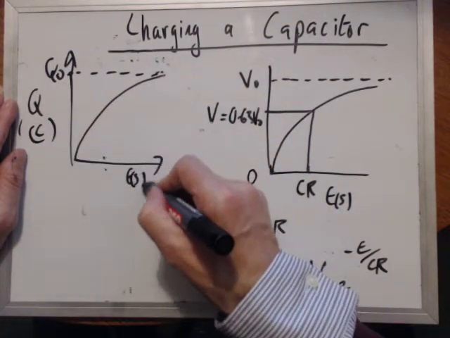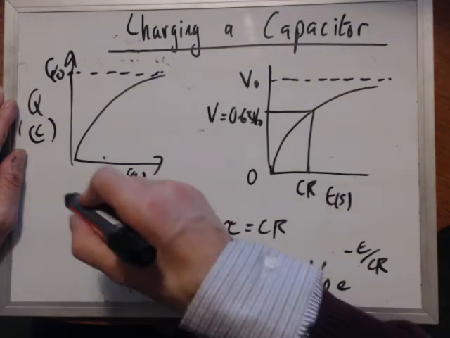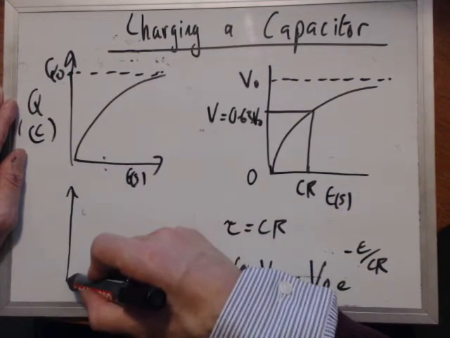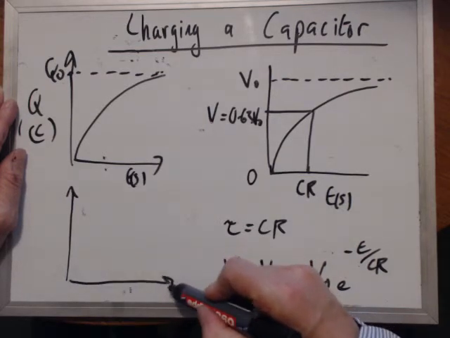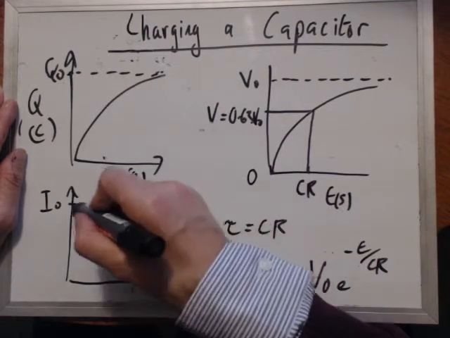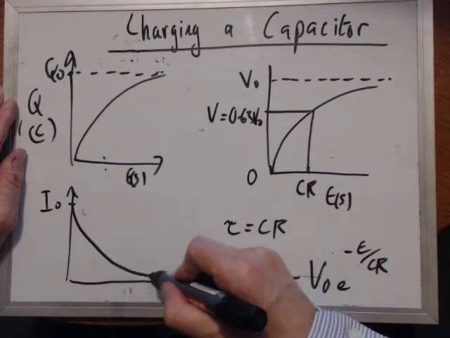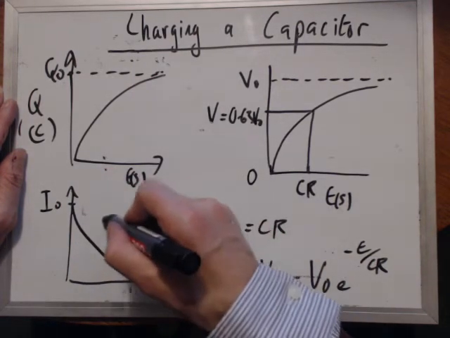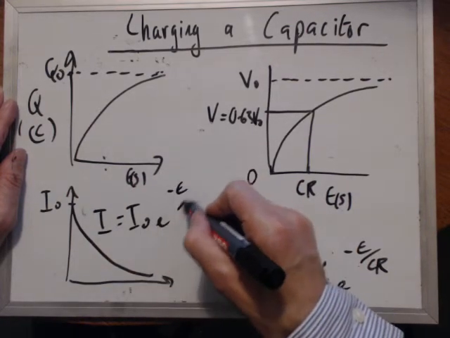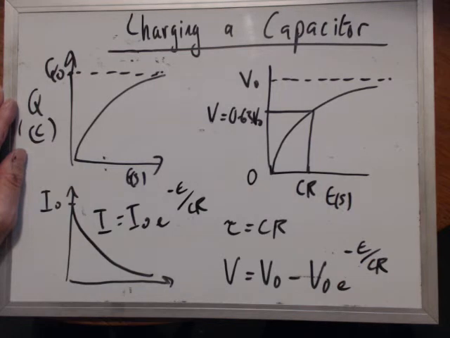Time in seconds would look like that. However, the current for charging looks exactly the same as it does for discharging. The current always starts off at its maximum and then falls exponentially away by I equals I naught e to the minus t over CR.